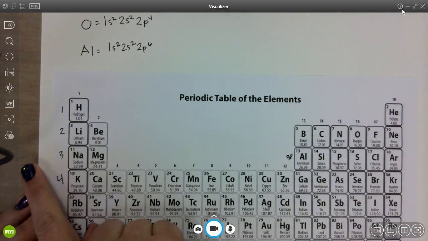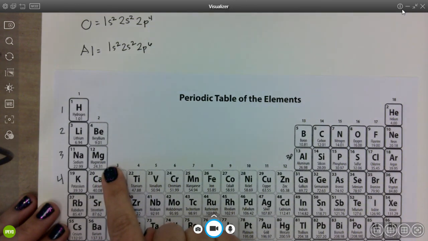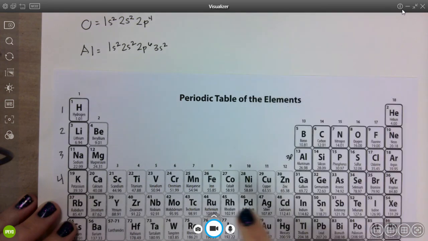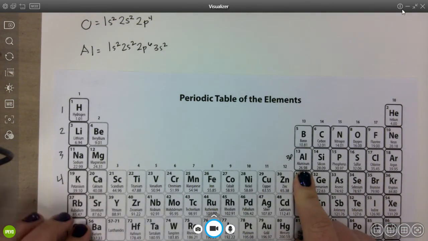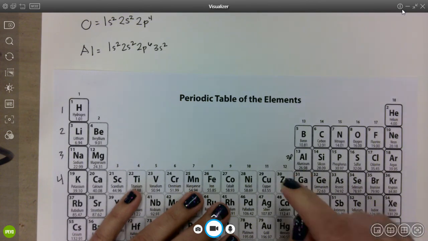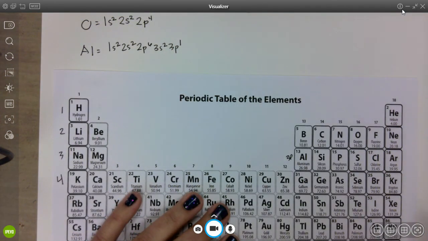Then I keep going. Now I'm in the 3rd period and I go through 2 boxes in the S block, so I'm going to write 3s2. And then I hit aluminum. Aluminum is the first box in the 3p subshell, so I'm going to write 3p1. Okay, hopefully that makes a little bit of sense.